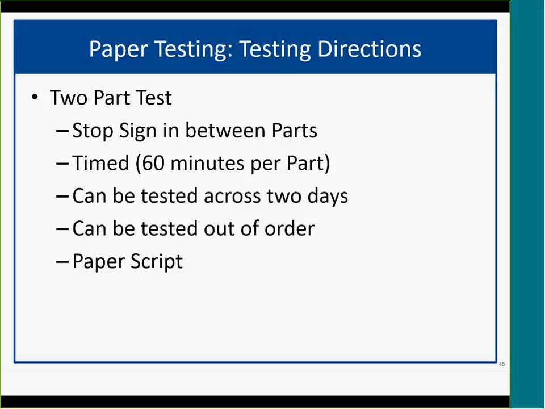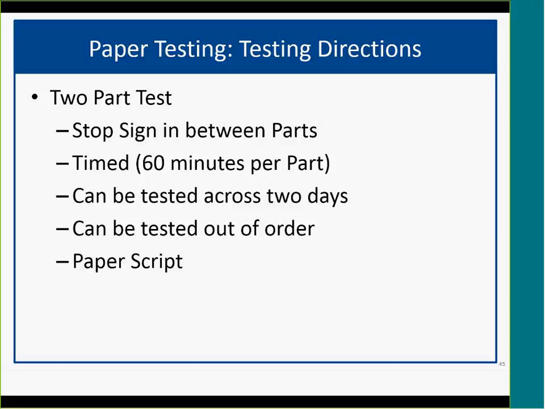There will be a stop sign in the test book in between the two parts as a visual aid to let students and administrators know where the sections break. Each part will be 60 minutes in length. That's the time we allotted for each student.